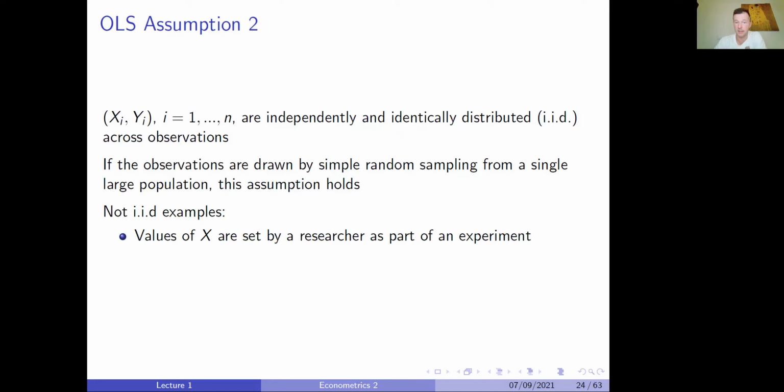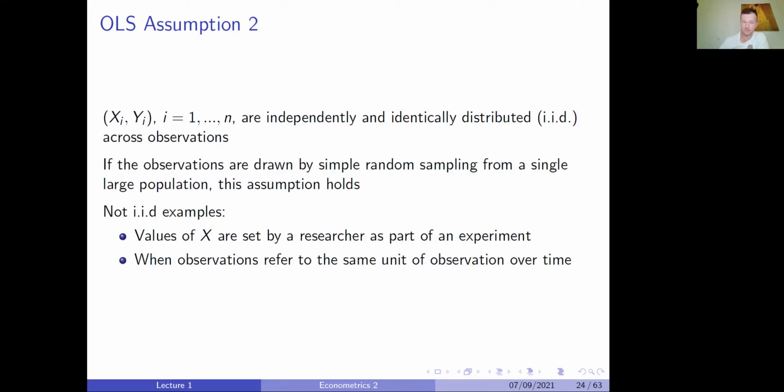Values of x are set by a researcher as a part of experiment. So for example, you decide yourself which class would have student-teacher ratio 10, which class would have 15, which class would have 20. In this case, x and y for you are not random because you yourself decide which values of x are gonna be in each class or each district.